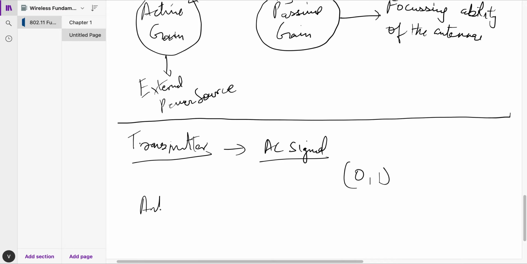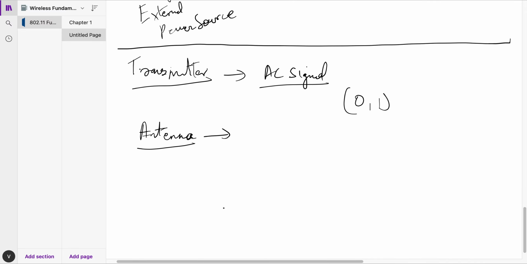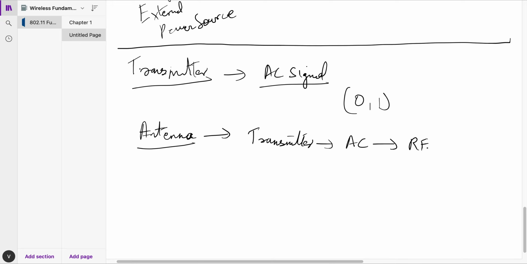Next comes the antenna. When connected to the transmitter, its job is to convert AC to RF, radio frequency, and transmit out in the pattern of the type of antenna that we have.